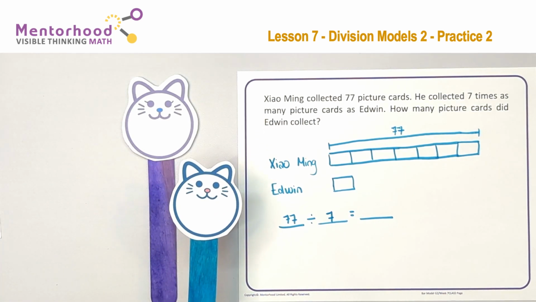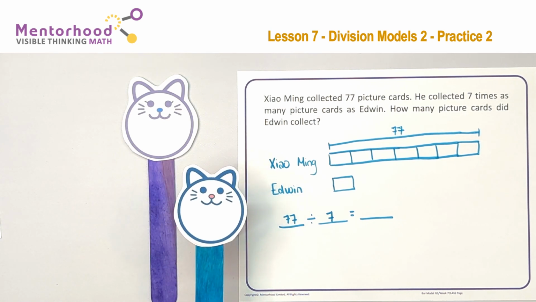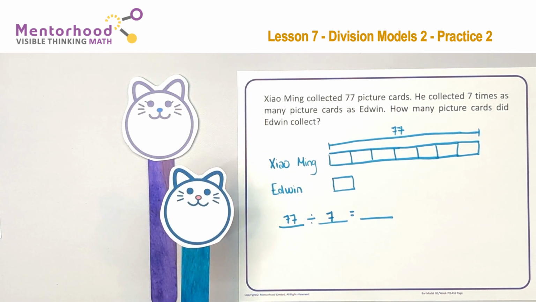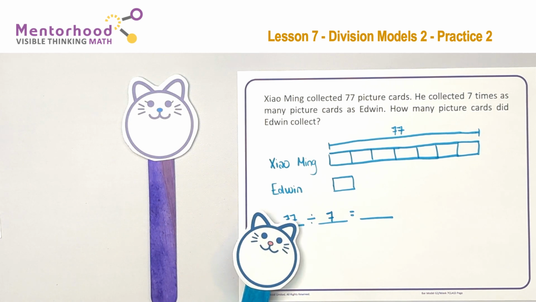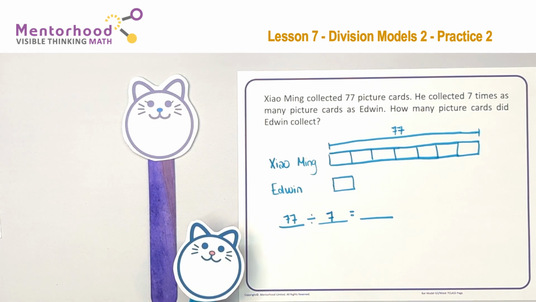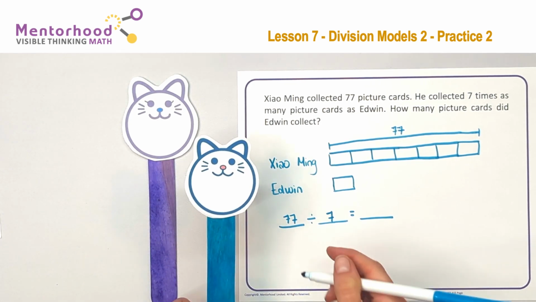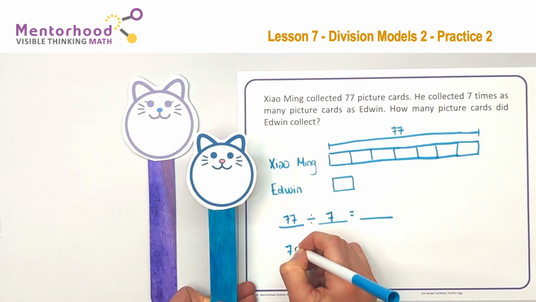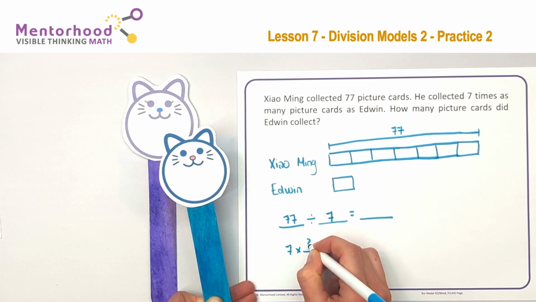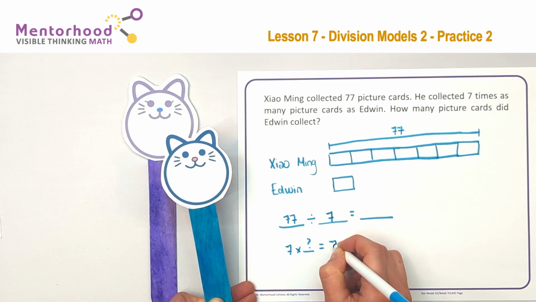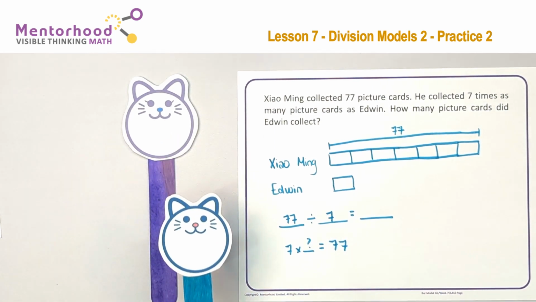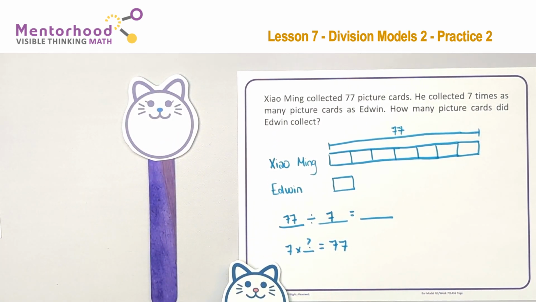You might recognize this one now because we've done this a couple times. What multiplication table makes you repeat digits? If we were to write this, 7 times what equals 77. We can also think about how many times we have to count by 7s until we get to 77.